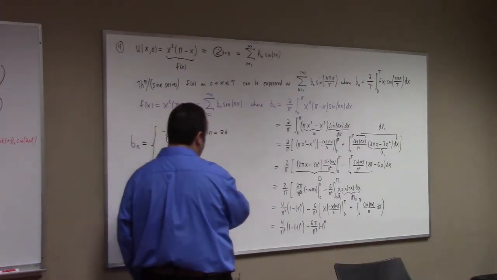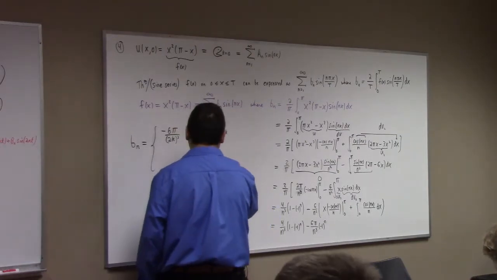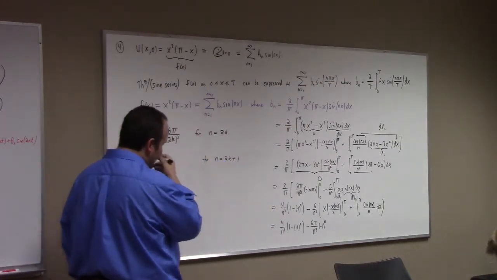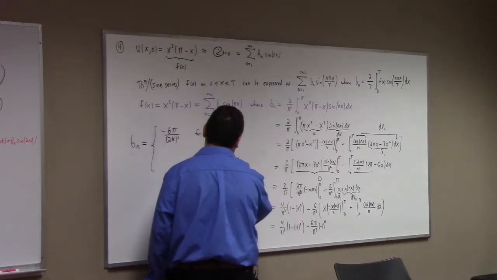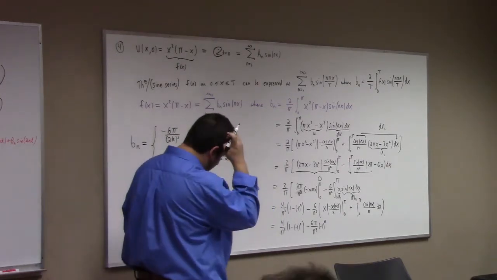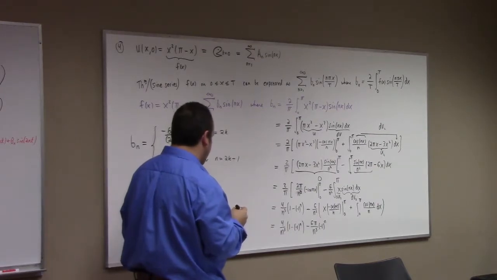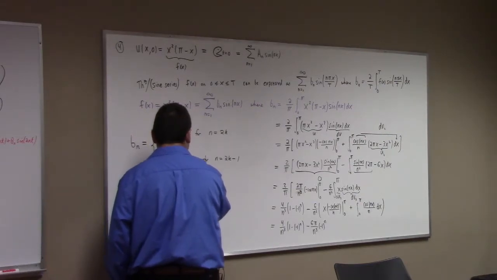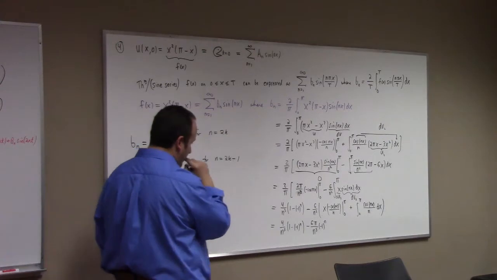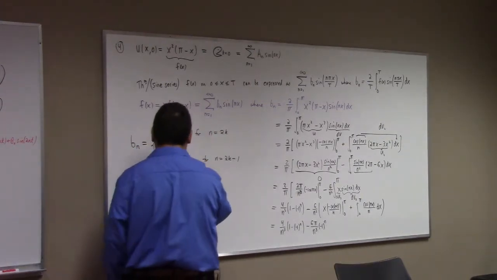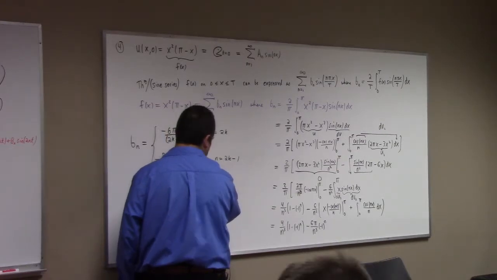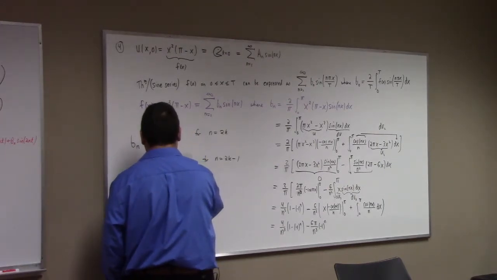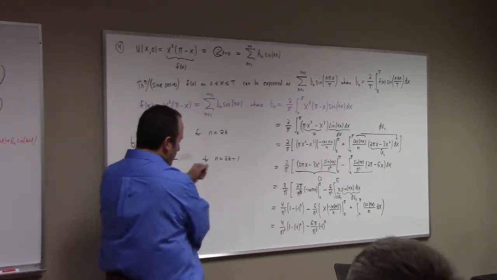On the other hand, if n is odd, so if n is equal to 2k minus 1, then that makes me get an 8 over 2k minus 1 cubed from the first term, plus 6 pi over the same, so 8 plus 6 pi over that, I think.